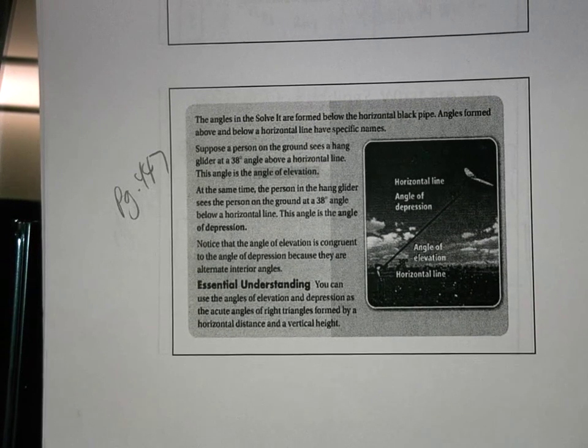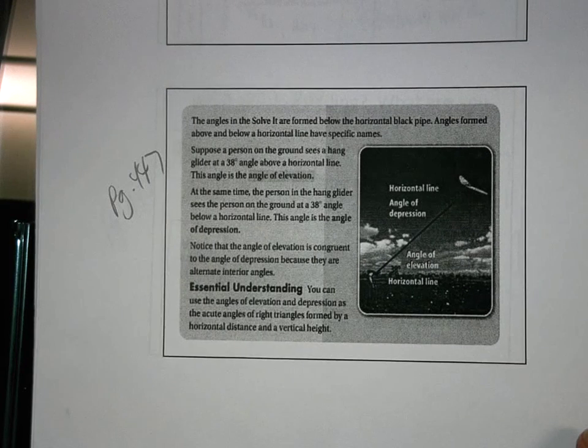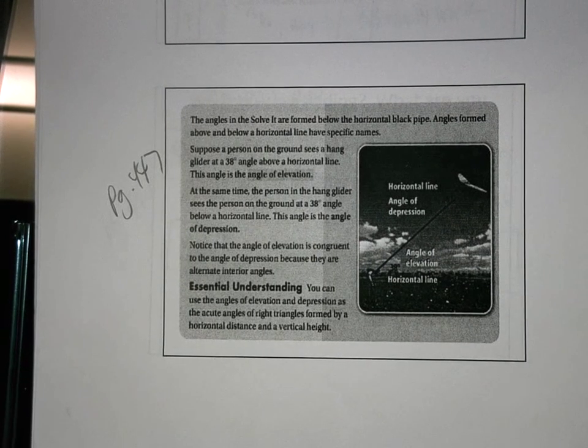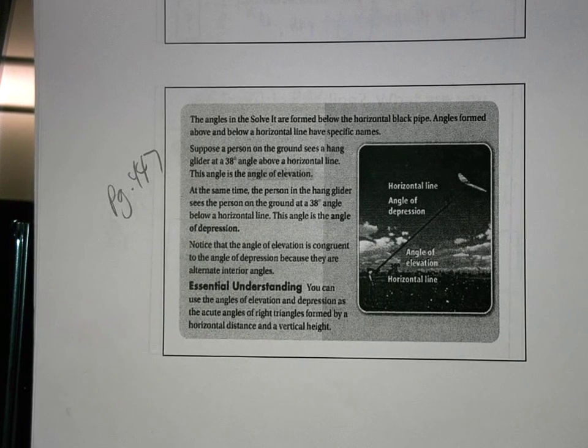So, on page 447, you guys have this. And let's go ahead and read it. It says the angles in the solvent are formed below the horizontal black pipe. Angles formed above and below a horizontal line have specific names.